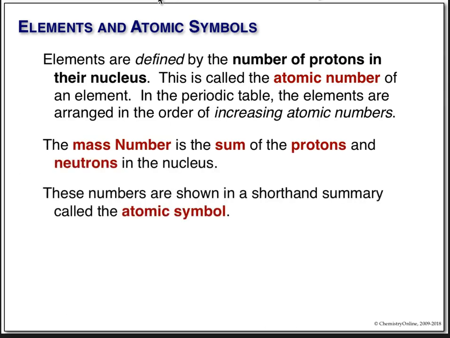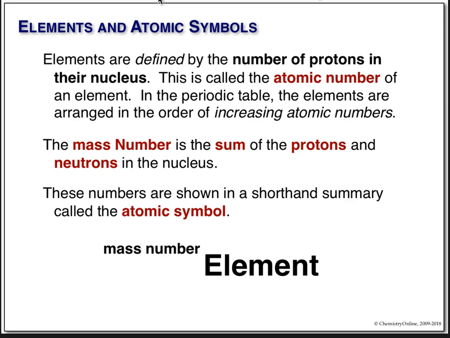The atomic symbol is constructed by taking the symbol for the element. We will then write the mass number. The mass number for that particular atom is simply the sum of protons and neutrons. We will then take the mass number, put it as a superscript in front of the element symbol.